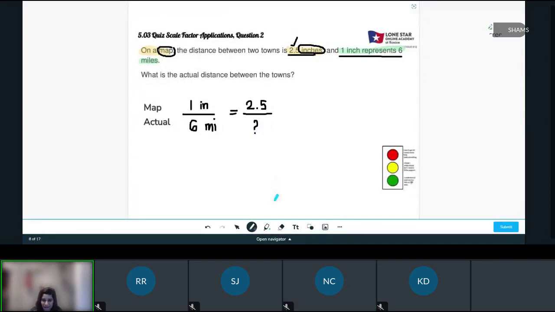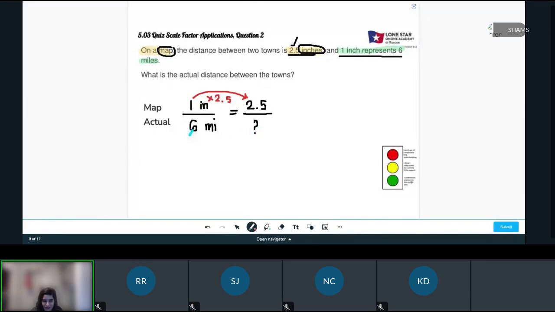This one was a very simple one. Notice it was just multiplicative. From 1 to 2.5, we can multiply by 2.5, right? Because from 1 to a number, it is very simple to get. Just multiply by that number.